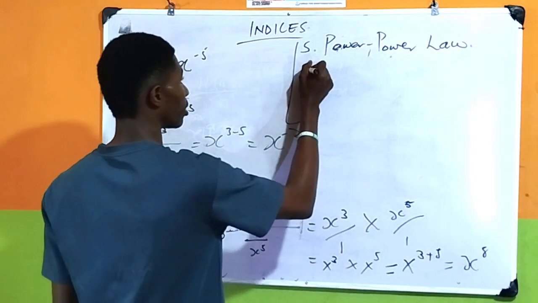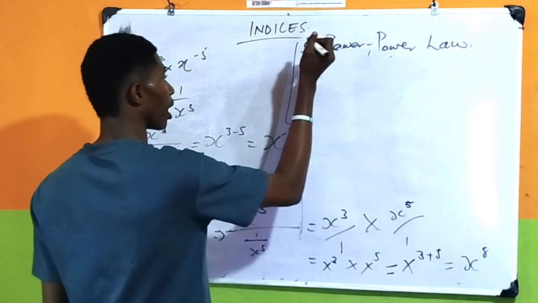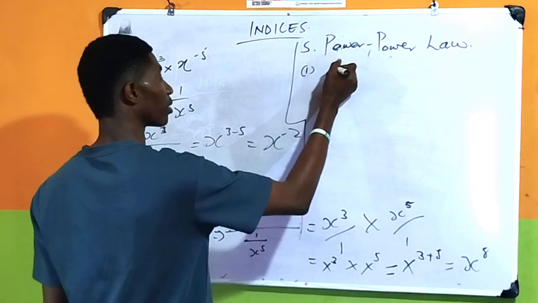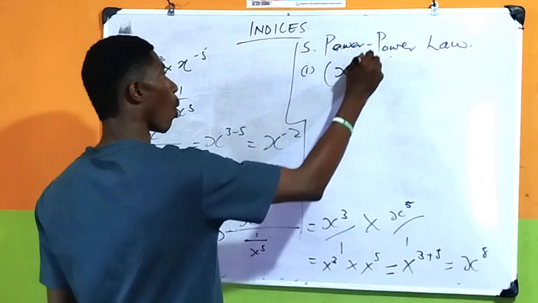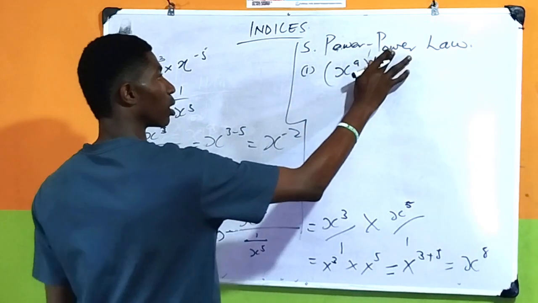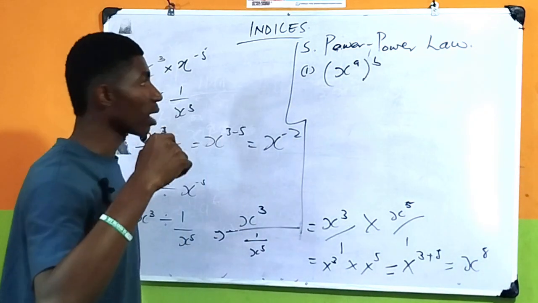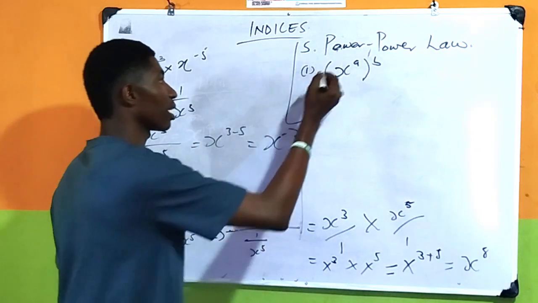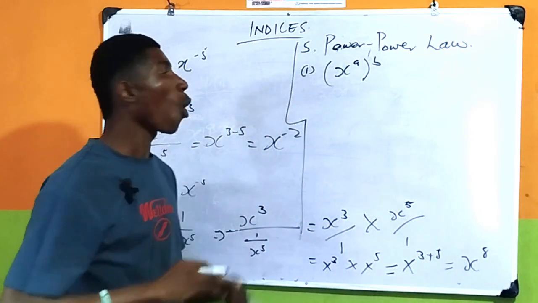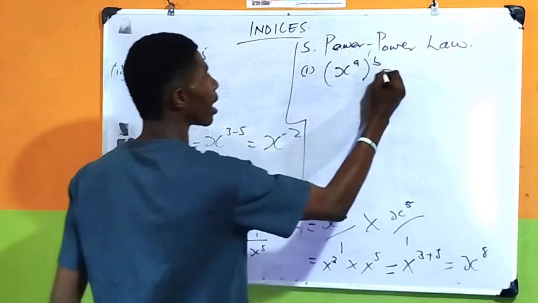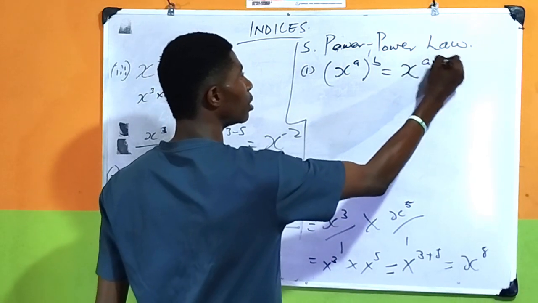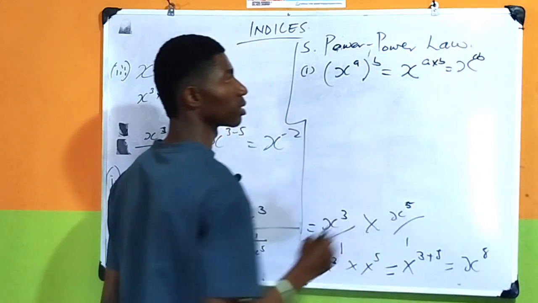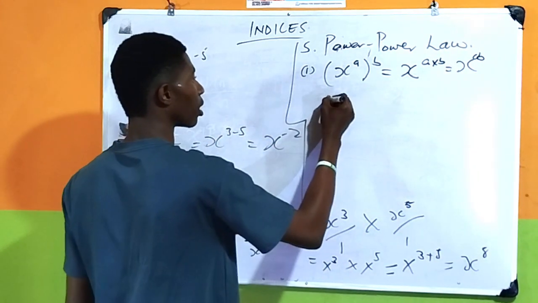For instance, let's take example 1. I have x power a, all power b. This means that the b is multiplying all the powers inside the bracket. So I have x power a times b, which is equal to x power ab.